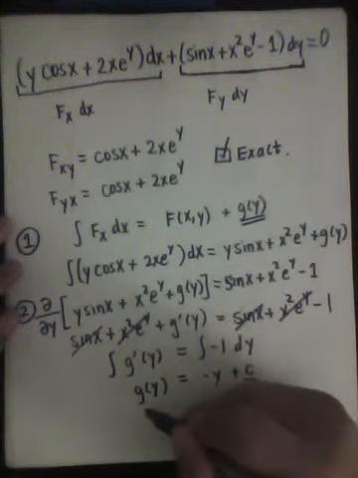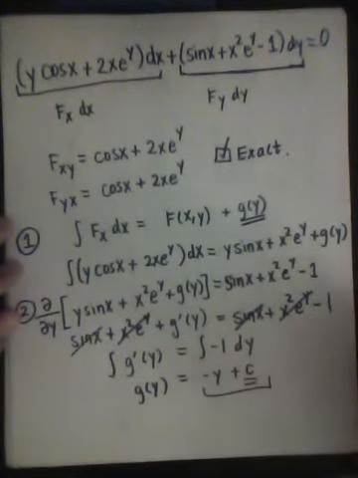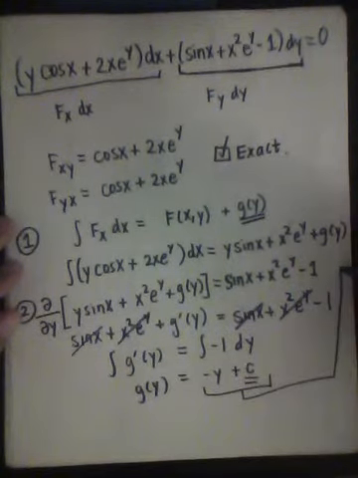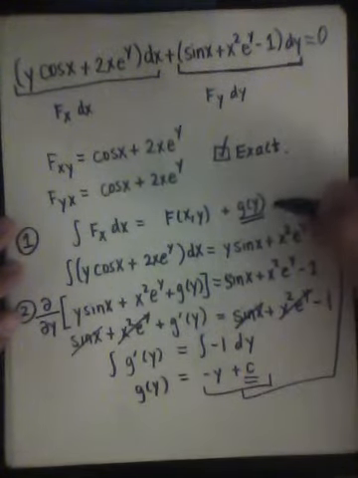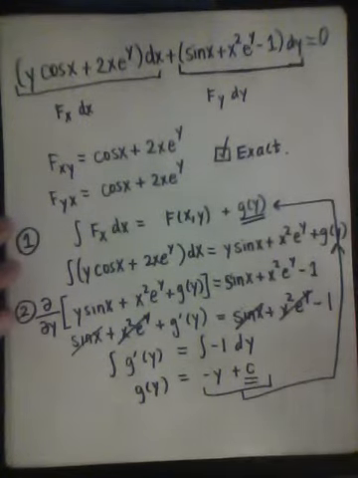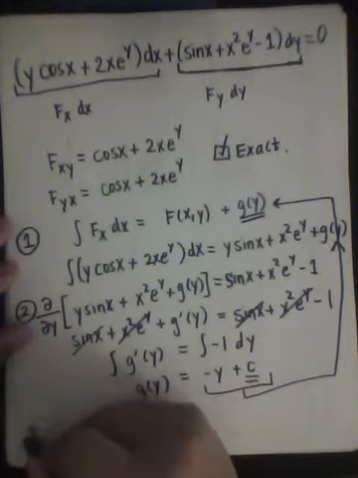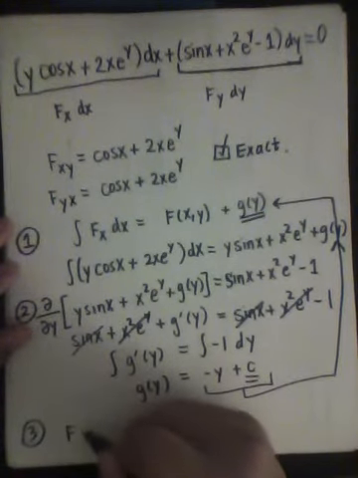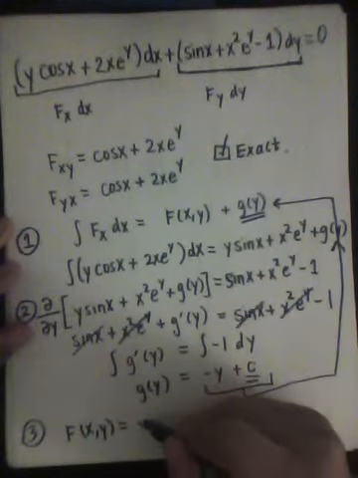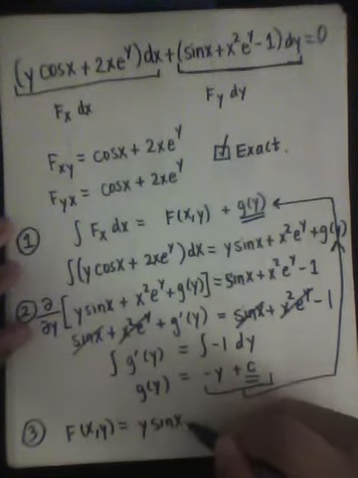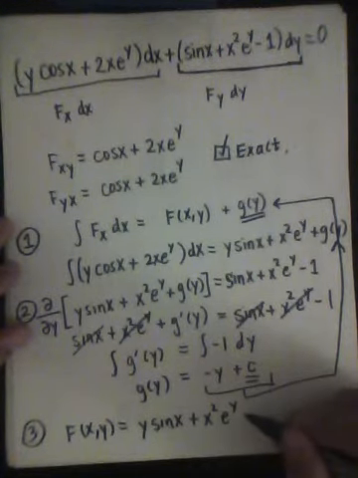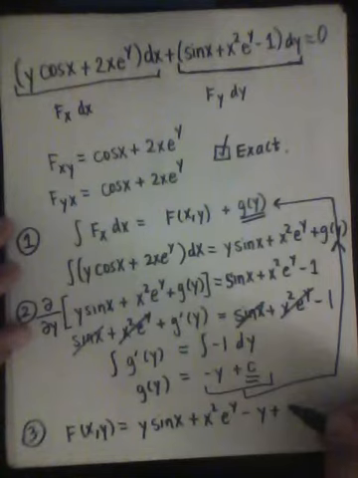So now that we know what g of y equals, we plug that in here, and we say that our function then, and this is just the way it's written there, is y sine x plus x squared e to the y minus y plus c.